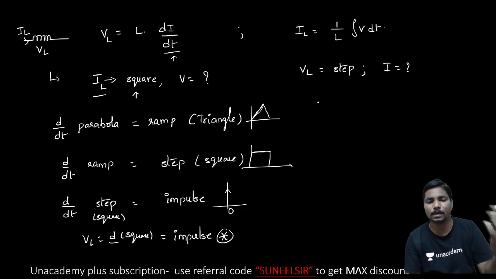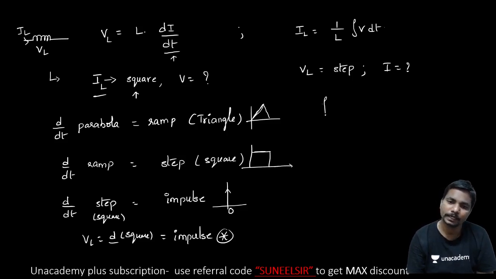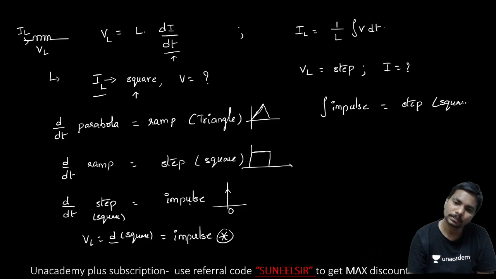Increasing manner means just the opposite. If you integrate the impulse, you get a step or square. If you integrate the step, you will get a ramp or triangle.